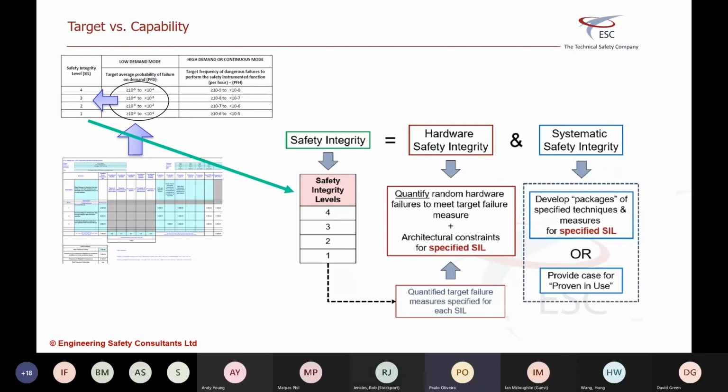So if it's SIL 1, the target based on your LOPA, you need to demonstrate systematic capability 1. And systematic capability 1 will have a number of things you need to do. If you're doing it with regards to a device, it will be defined in 61508 and the tables therein.